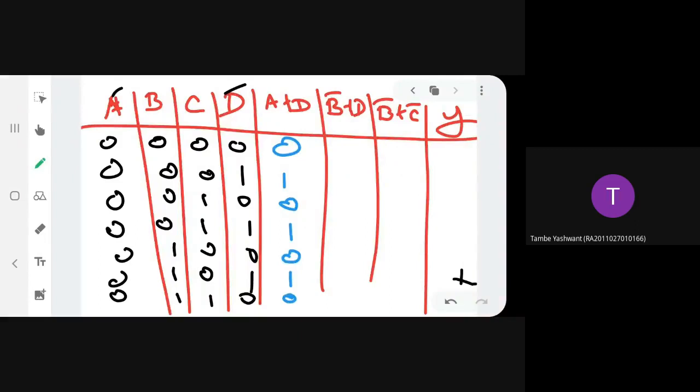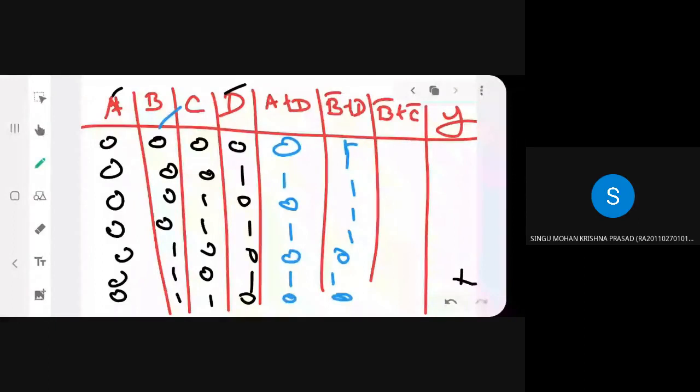Then B complement plus D. So this is B complement 1, 1 plus 1, 1 here, and then 1 plus 1, 1 here, then 1 here, then 1 here, then 0 here, then 1 here, then 0, like that. Okay. Then B complement plus C complement.